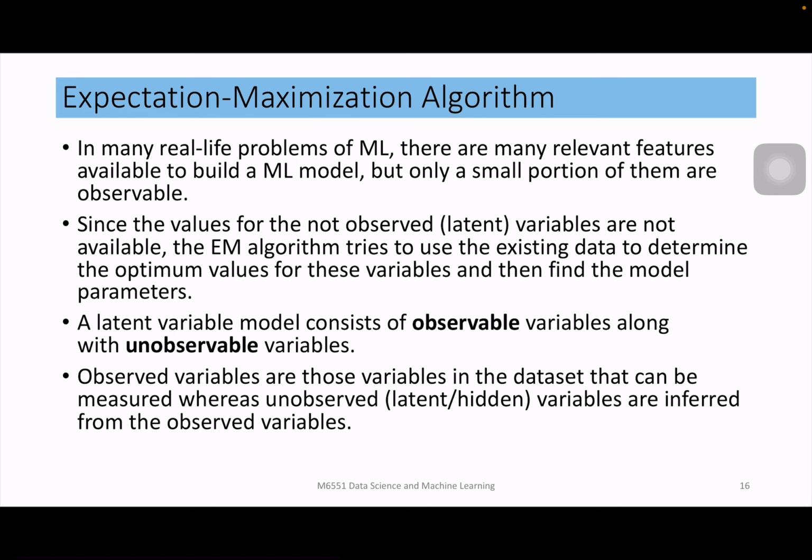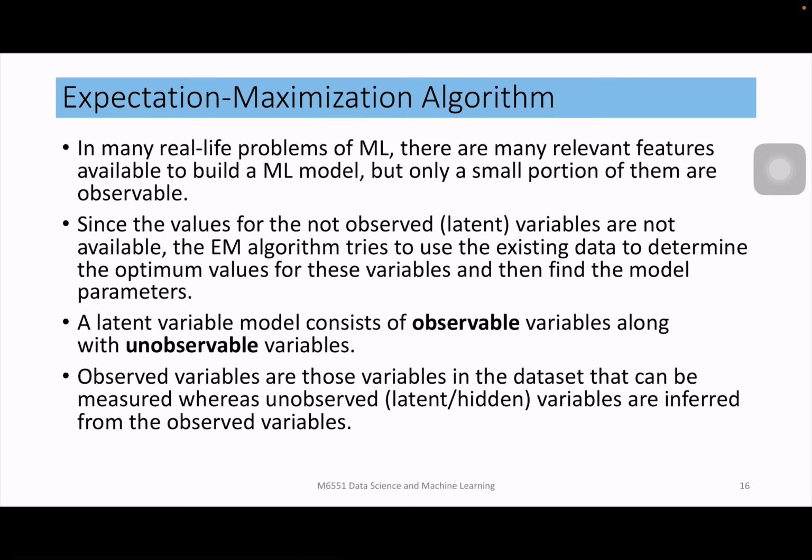A latent variable model consists of observable variables along with unobservable variables. Observed variables are those in the data set that can be measured, whereas unobserved, latent or hidden variables are inferred from the observed variables.